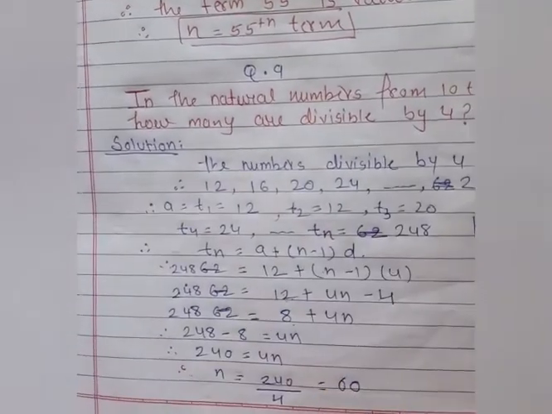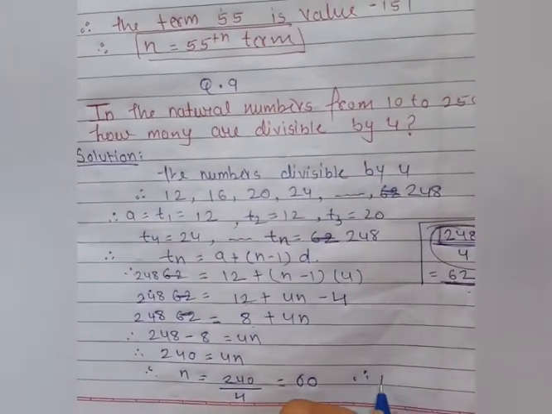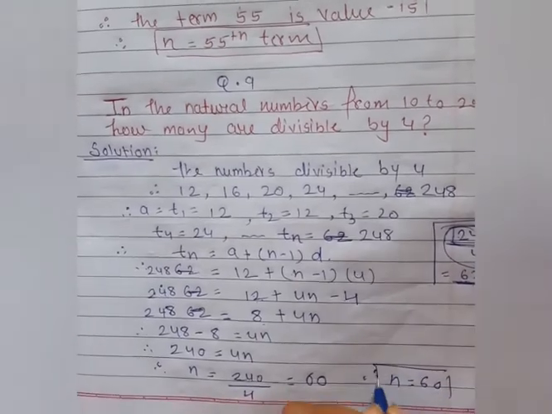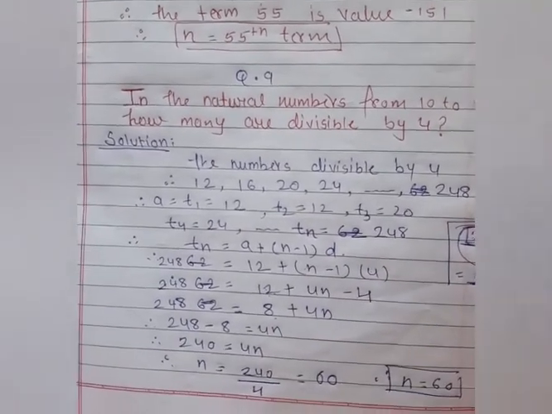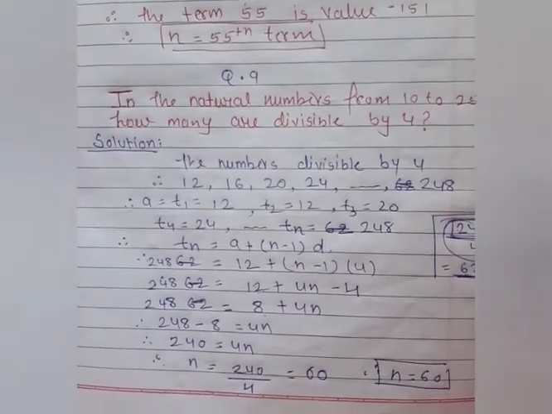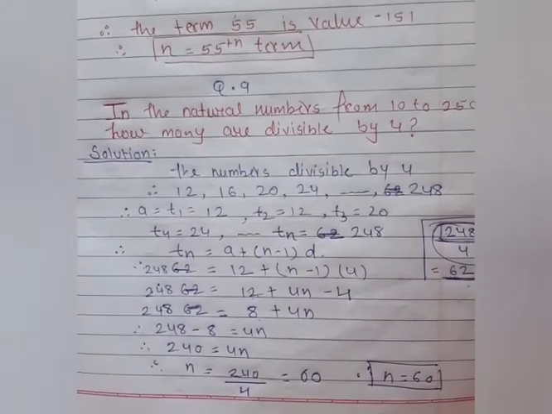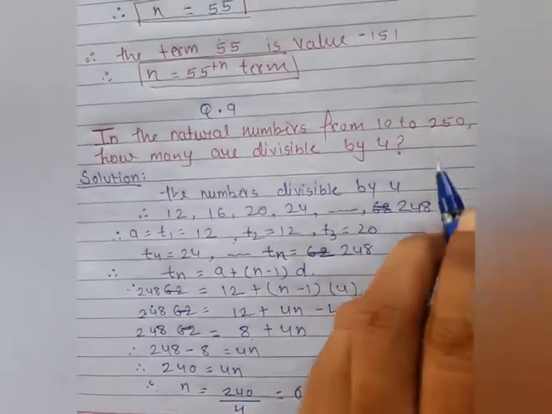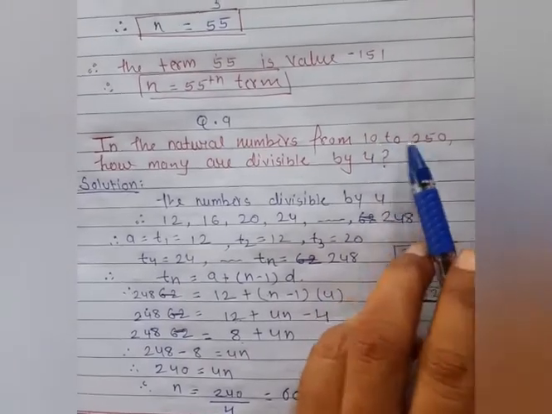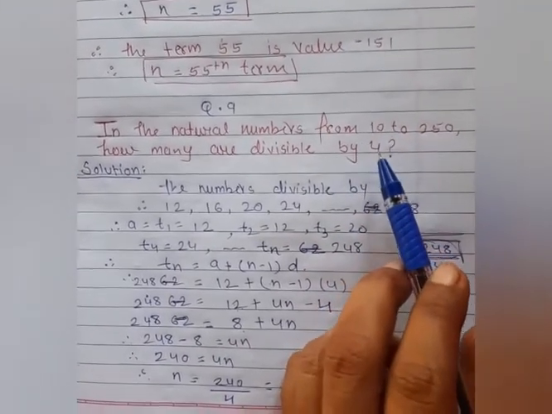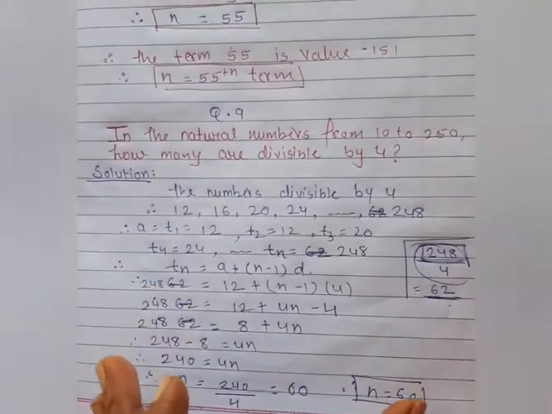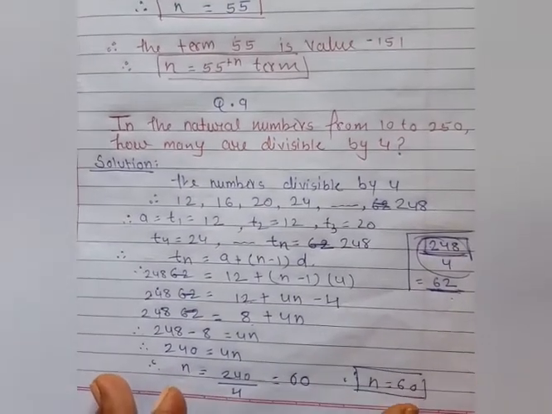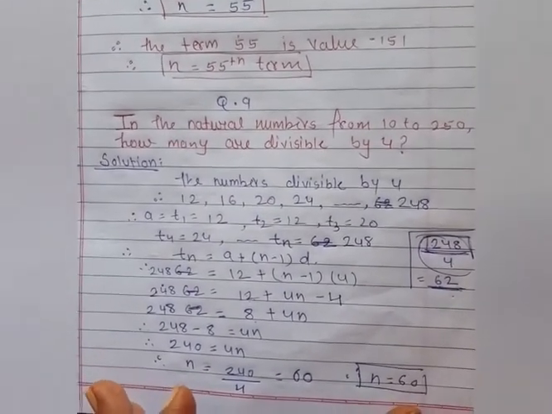So, students, the value of n is 60. It means from 10 to 250, 60 numbers are divisible by 4. Hope you are clear about how to go for this type of question.